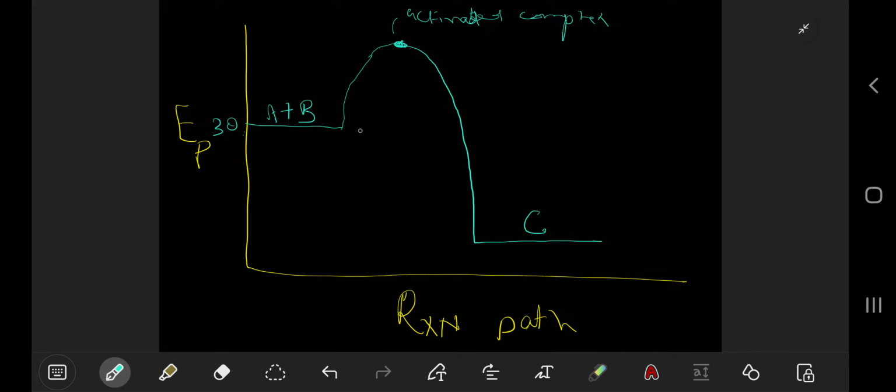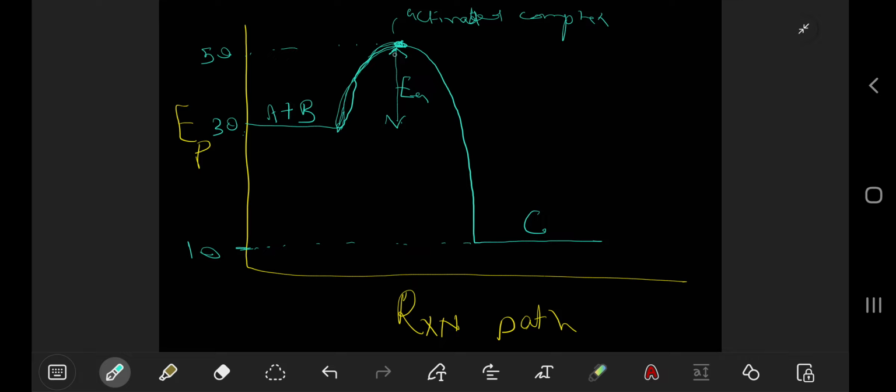Remember that the energy that we absorb, from there up until the activated complex, that energy is our activation energy. All right, so we can see that we have absorbed very little energy. If there is 50, we absorbed 20, right? From 30 to 50, we only absorbed 20.